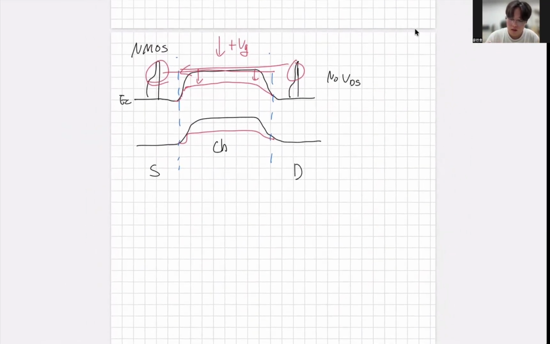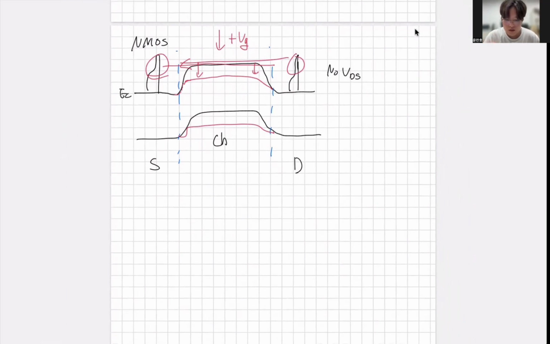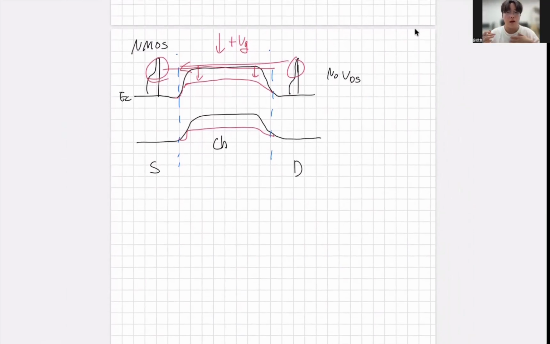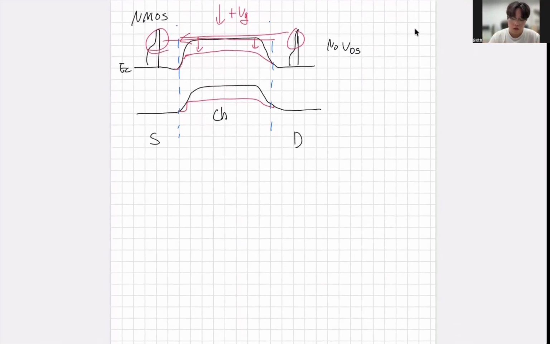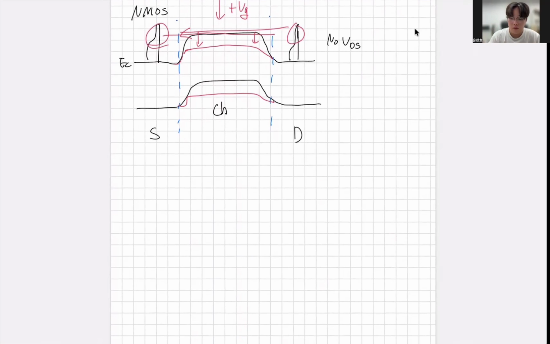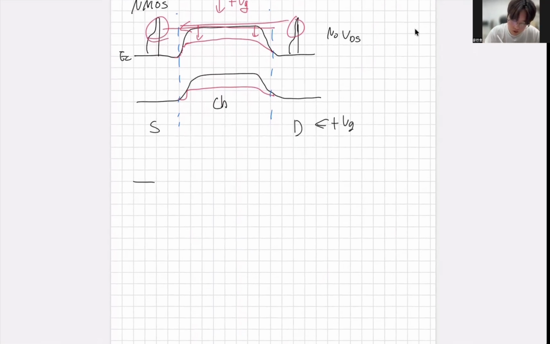So when we apply the VDS, drain and source voltage, I already mentioned that if we apply a plus voltage, the band will be lower. So if I apply a plus voltage in the drain, the graph will be drawn.